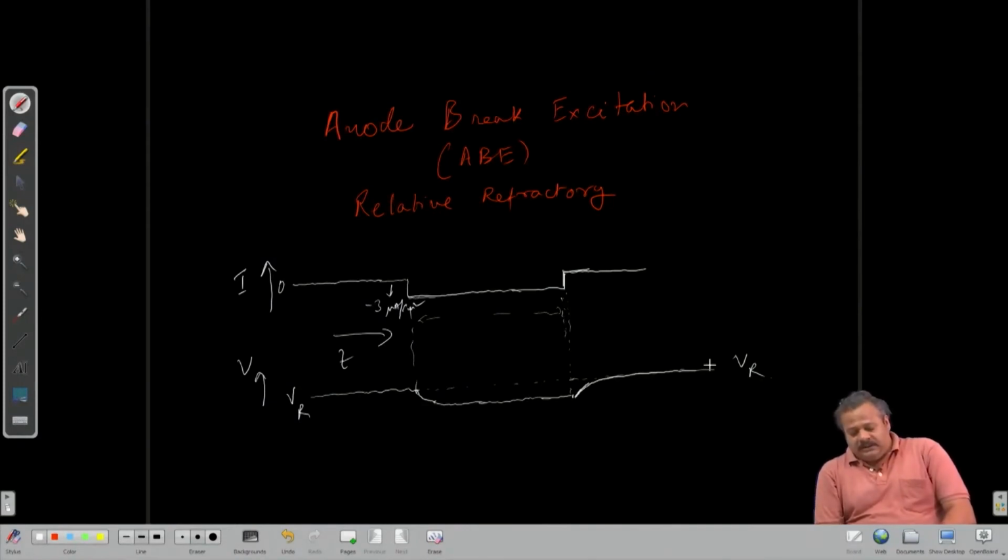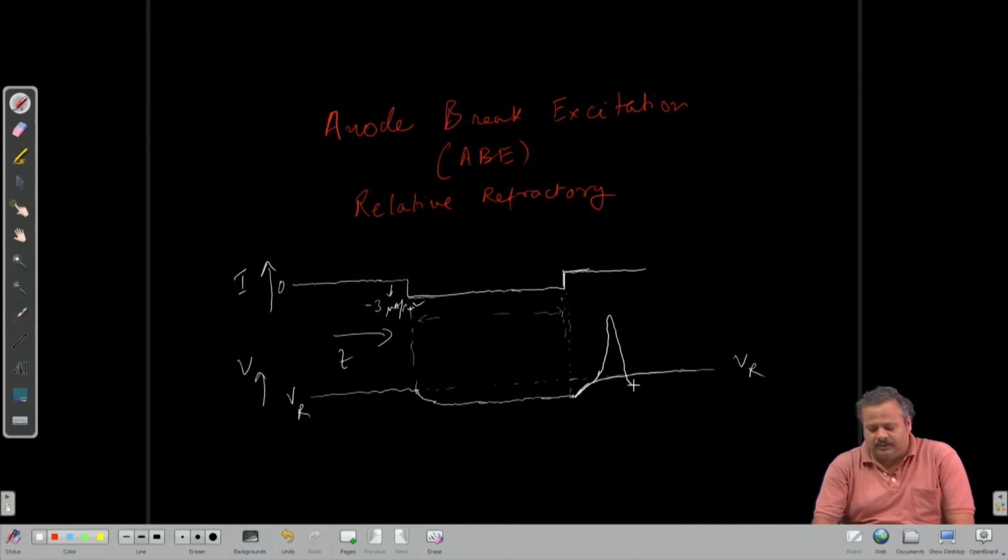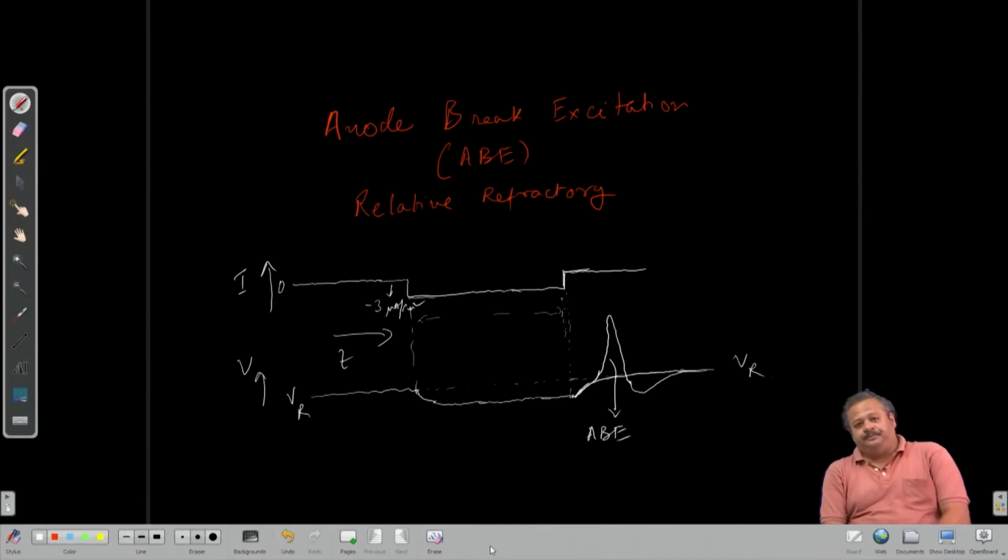But this is not exactly what happens, as we will show in the Hodgkin-Huxley model, as well as experimental data: here it actually overshoots beyond V rest and there is an action potential produced, and then it goes to V rest. So, this phenomenon is the anode break excitation, or ABE.